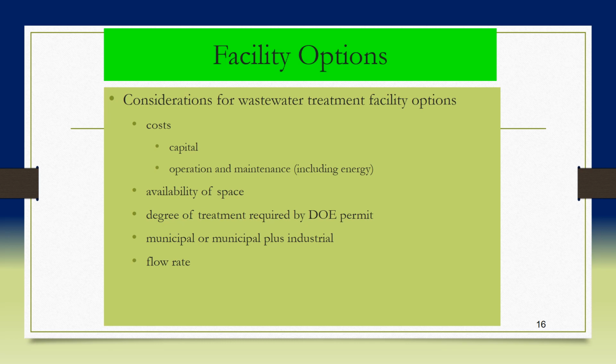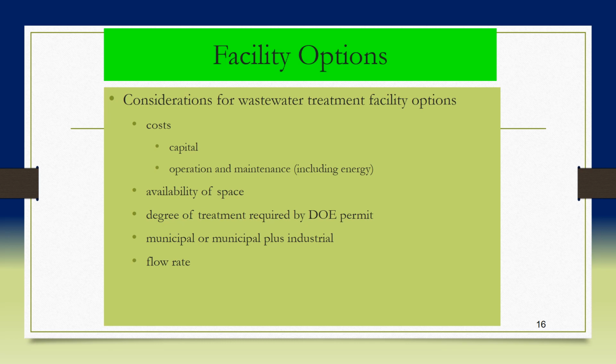And then the degree of the treatment required by DOE permit. Contohnya memang kalau macam contoh kilang dye, kilang apa macam kelapa sawit, yang kita tahu dia punya wastewater is a high strength wastewater. So memang dia memerlukan wastewater treatment plant untuk achieve the requirement by the DOE.